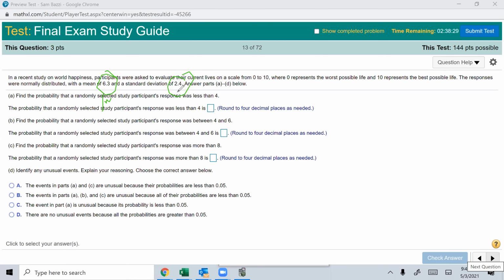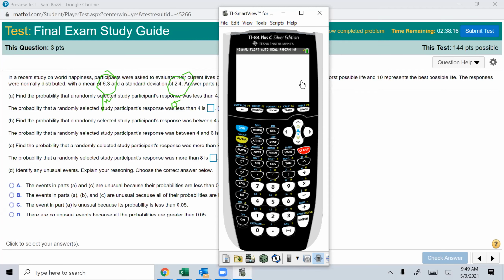So it's not about z here, it's all about x. Find the probability that a randomly selected study participant's response was less than 4. So let's bring the calculator. We can answer all those questions on the calculator. First one: second, distribution, normal CDF.